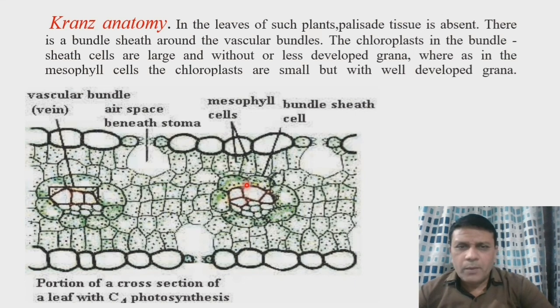So bundle sheath cells show absence of grana, or less developed grana, while the chloroplast of mesophyll cells show well developed grana. Such a structure is called as Kranz anatomy, and due to this Kranz anatomy the plants called as C4 plants show a peculiar pathway called as C4 pathway.